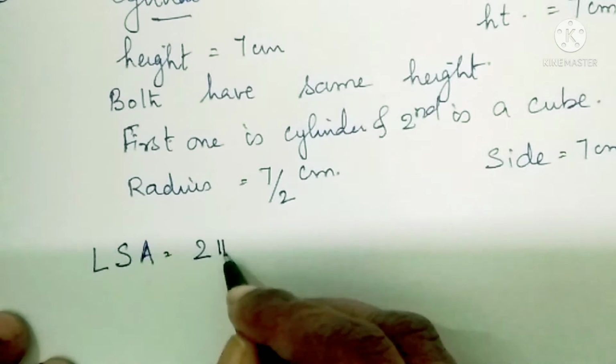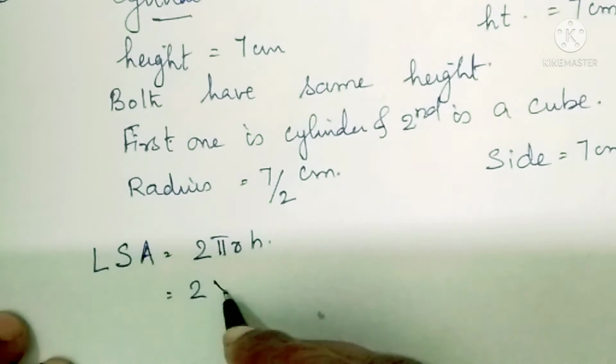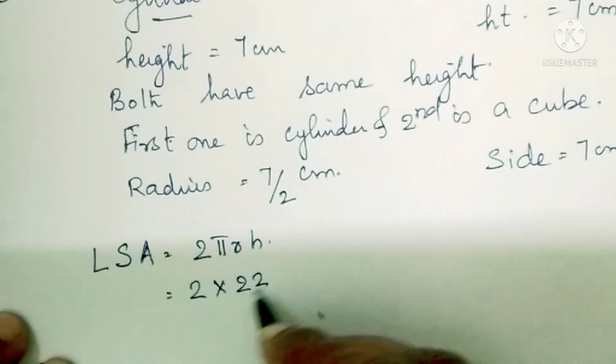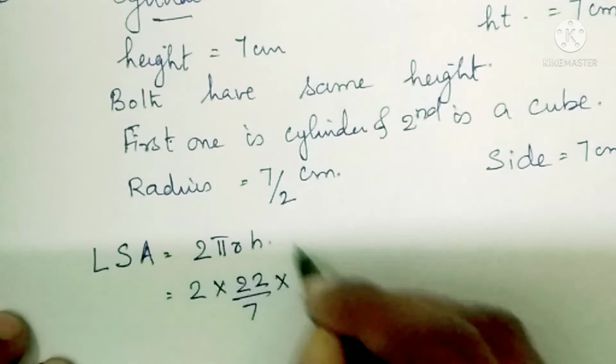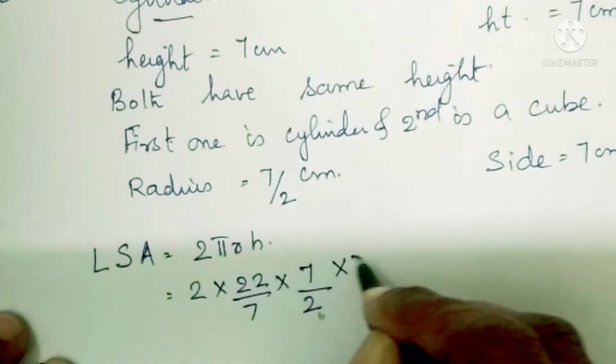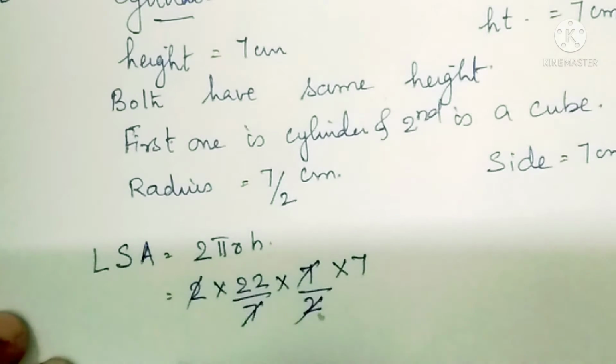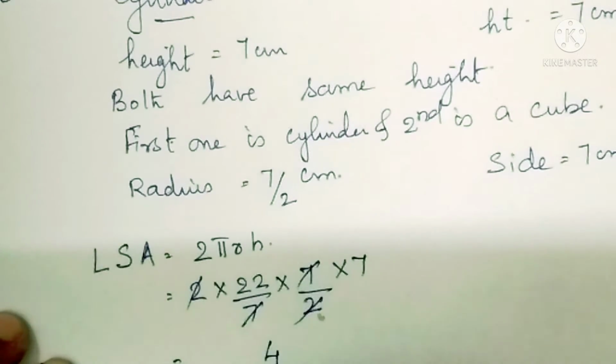That is 2 pi r h. So that is 2 into 22 upon 7, r is 7 upon 2 and height is 7. So 7 got cancelled, 2 gets cancelled. 2 7s are 14, that is 154 centimeter square.